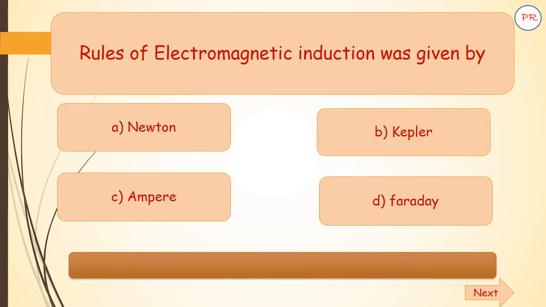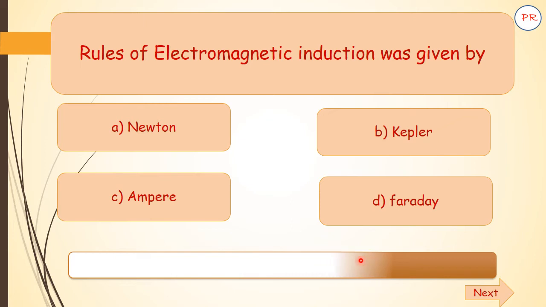The laws of electromagnetic induction were given by. Options are A. Newton, B. Kepler, C. Ampere, D. Faraday. Here is your time. The correct answer is D. Faraday.